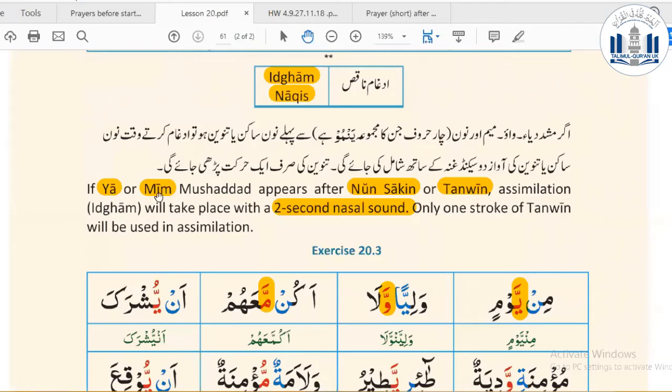So if ya or waw mushaddad appear after noon sakin or tanween, assimilation or idgham will take place with a 2-second nasal sound. Okay, so just read that. I'm going to admit some more students and we'll get back to the rule.